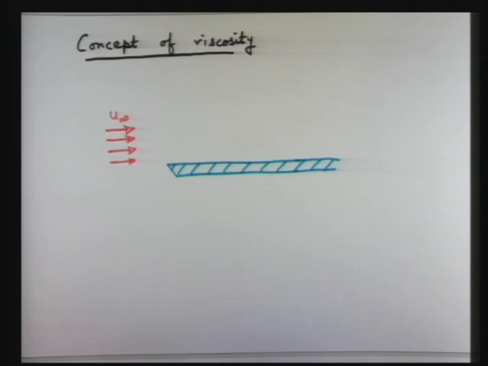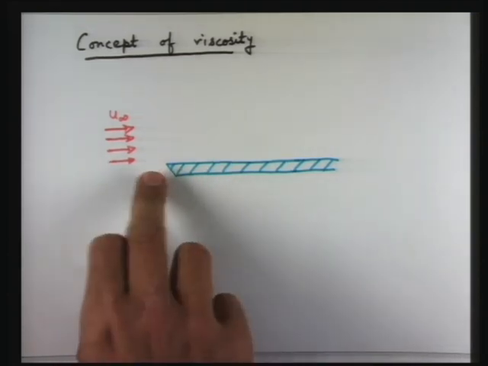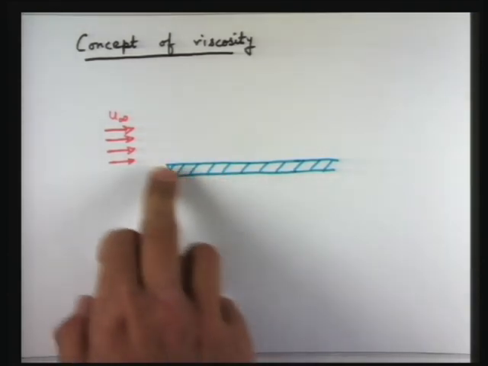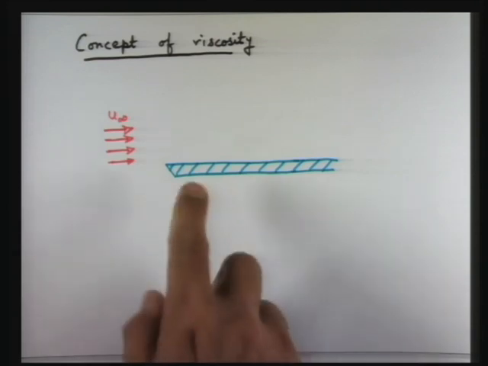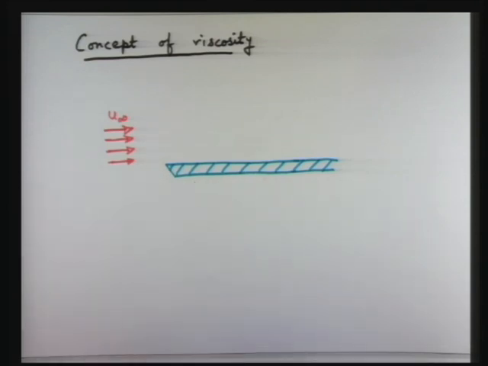Now let us try to understand what happens to the fluid when the fluid comes in contact with the solid boundary. The fluid which comes directly in contact with the solid boundary feels the effect of the wall, and once it feels the effect of the wall, it tries to exchange its momentum with the wall, right?